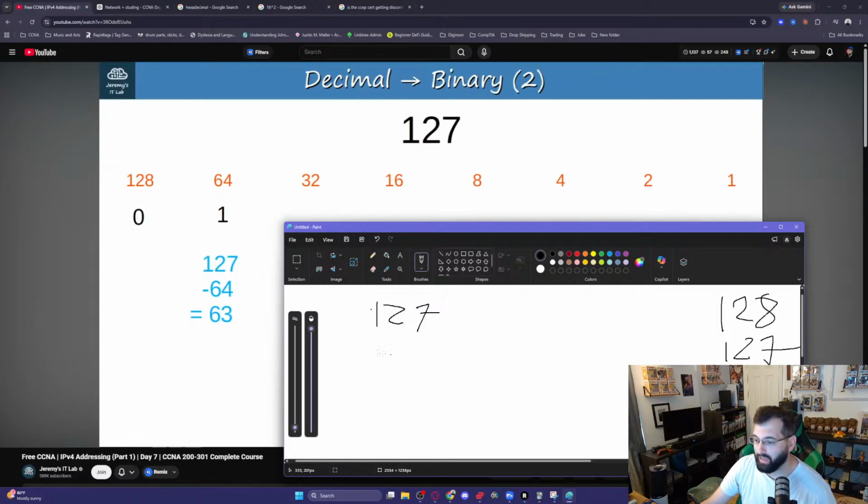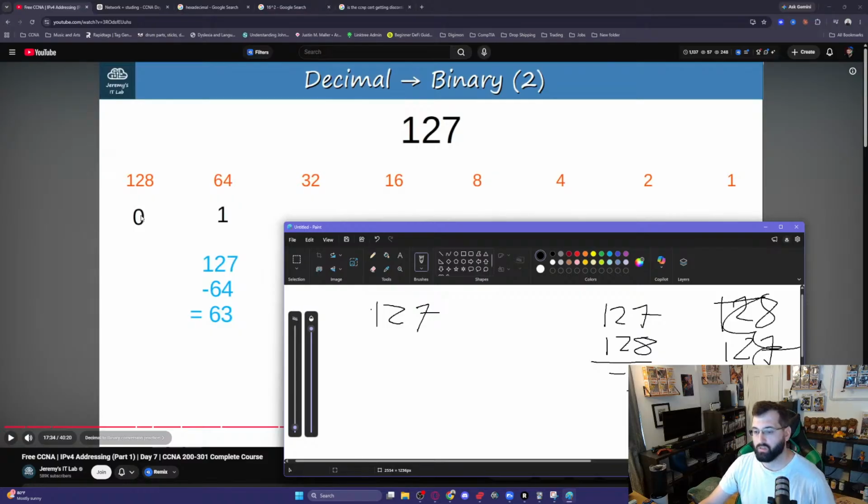However, that's not how this works. I need to know if this can go into that. If it can't go into that because there's not enough, then it doesn't work. So it's actually flipped. 127 subtract 128 would be -1. We can't have negatives, so this is just 0.